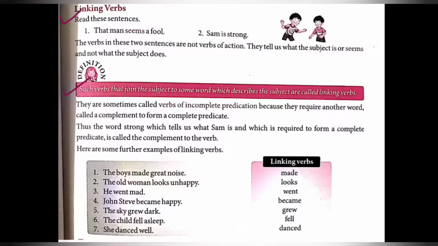They require a complement to form a complete predicate. Thus, the word strong tells us what Sam is, and is required to form a complete predicate. It is called the complement to the verb.